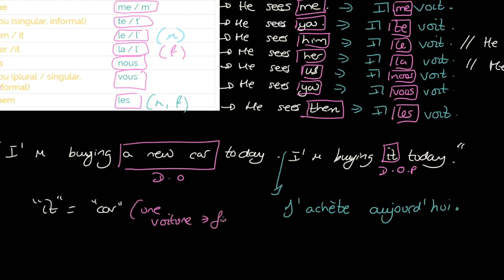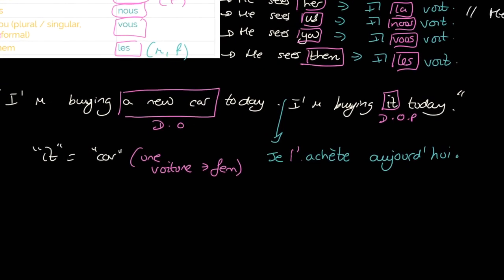It is feminine. So j'achète aujourd'hui. So it, I want the feminine one. It's going to be la. Remember, it goes in front of my verb. So I want it here, don't I? But because it's followed by a word that starts with the vowel or silent H, it's going to go to an apostrophe. And then I need to put my je back in there. Je l'achète aujourd'hui. I'm buying it today. I'm buying it today. Okay?